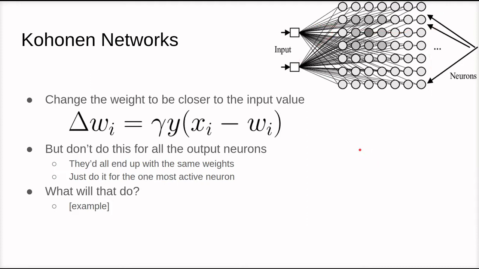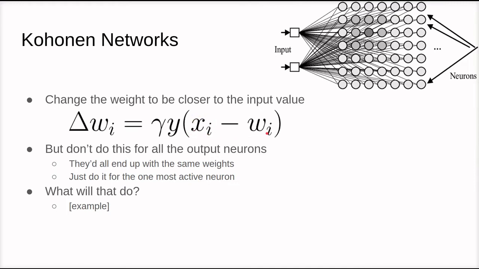So the learning rule developed here was instead to change the weight to be closer to the input value. We want the difference between the weight for neuron y and the input xi to be decreased.